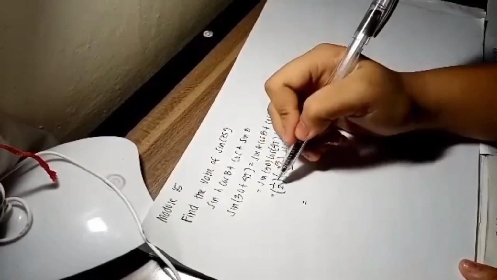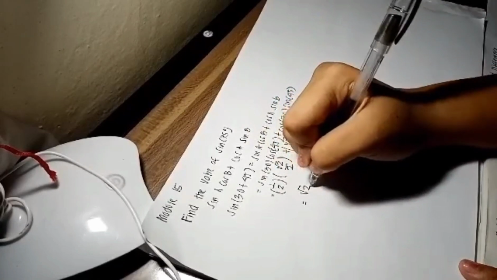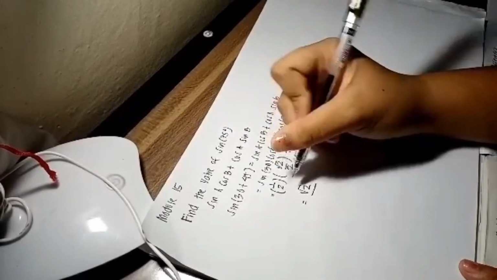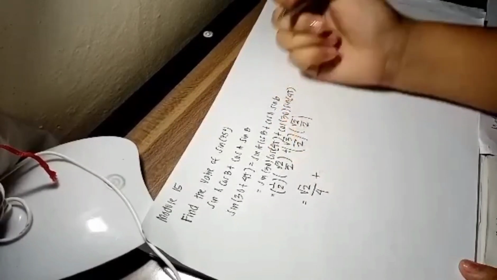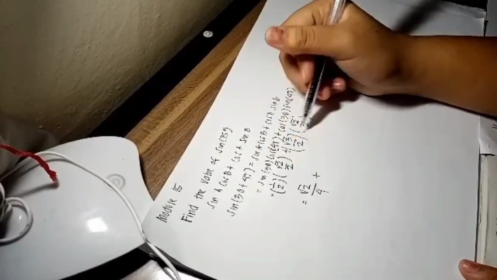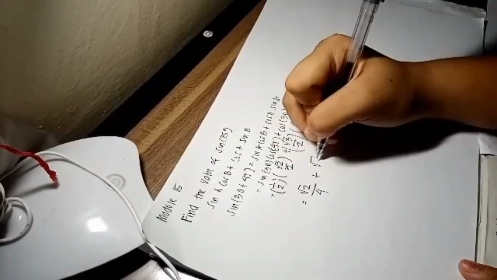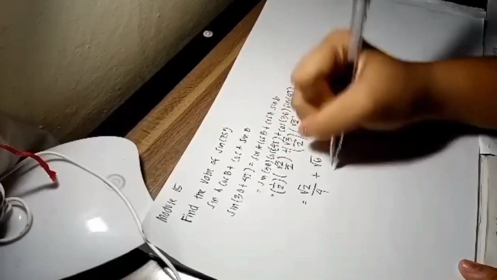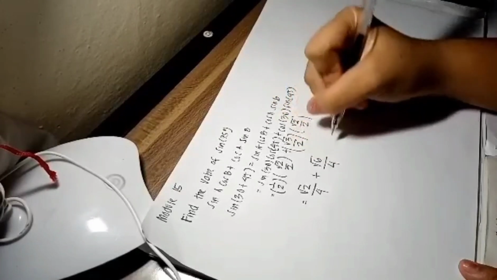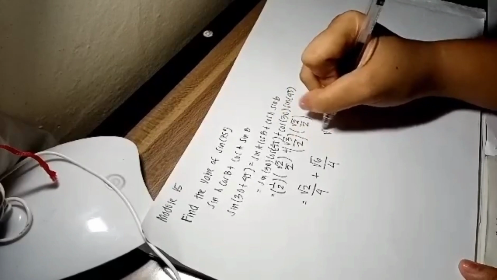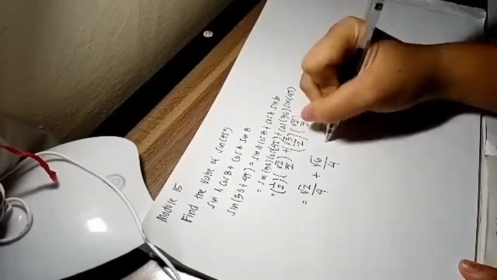Multiply 1 times root 2, which is root 2, and 2 times 2 is 4, plus radical 3 times radical 2, which is radical 6, over 2 times 2, which is 4. Combine, and that will be root 2 plus root 6 over 4.